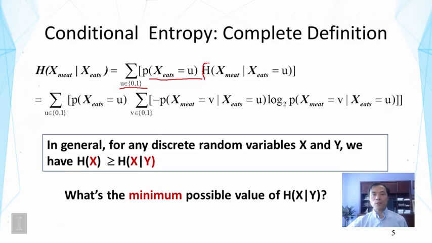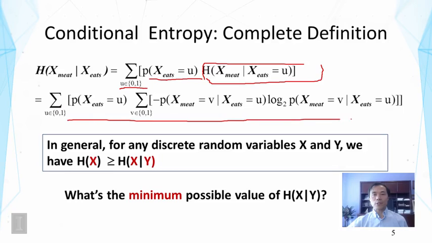And this, of course, is the conditional entropy of meat in that particular scenario. So if you expand this entropy, then you have the following equation, where you see the involvement of those conditional probabilities.